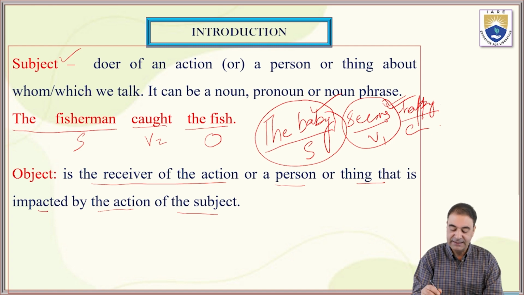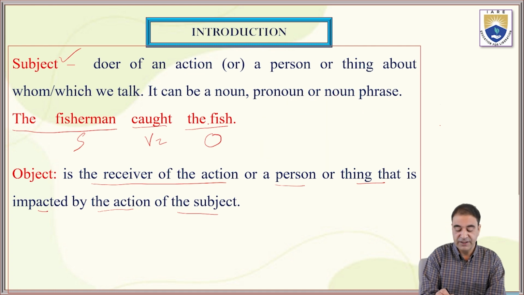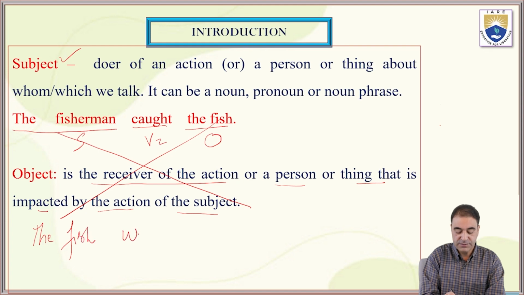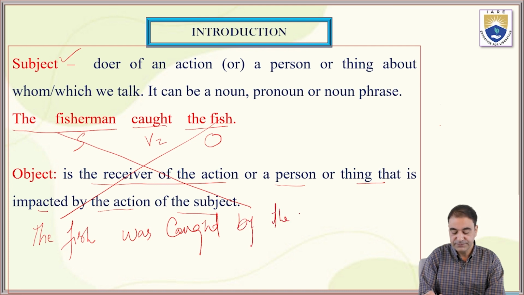If you look at this sentence, the fisherman caught the fish. If I interchange the place of subject and object, the fish was caught by the fisherman.